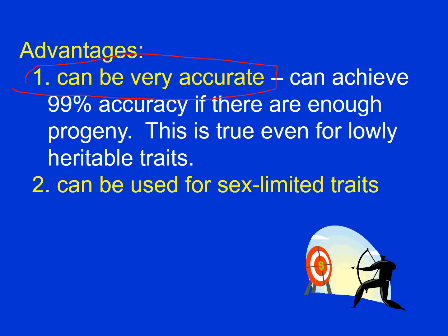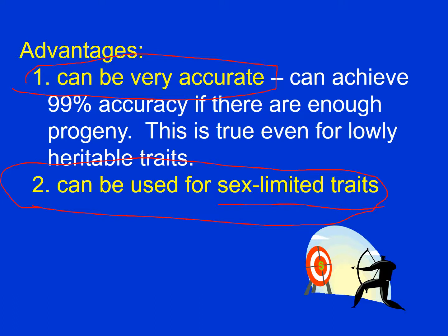It can be used for sex-limited traits, and there are a lot of sex-limited traits, especially traits that are only expressed by the females. Important sex-limited traits would be milk production in dairy cattle and dairy goats. Other sex-limited traits would be litter size in swine.